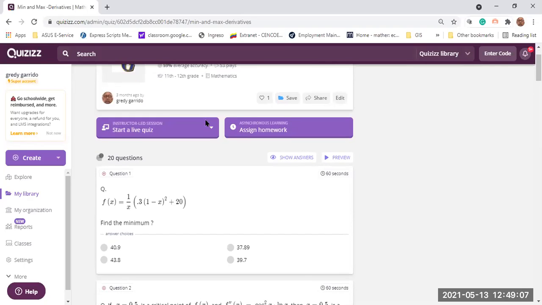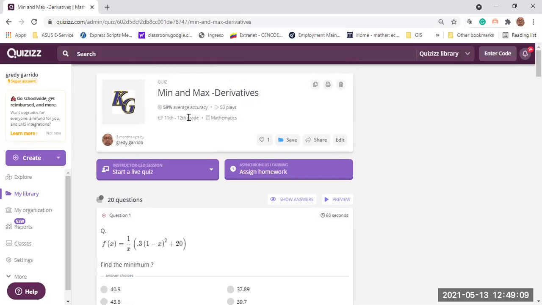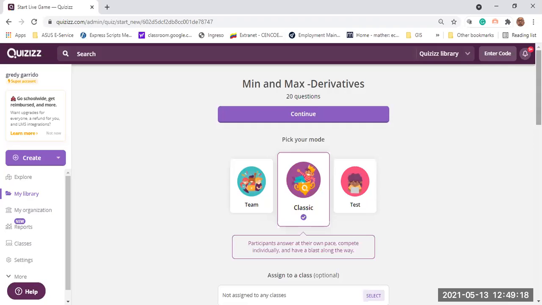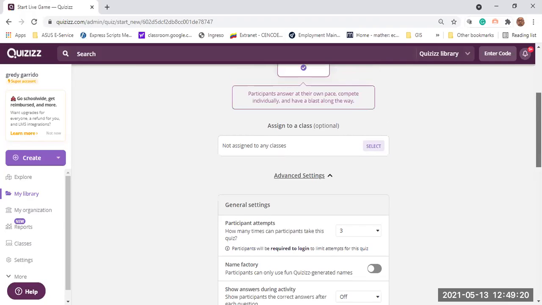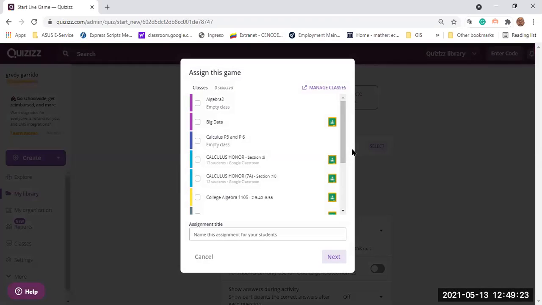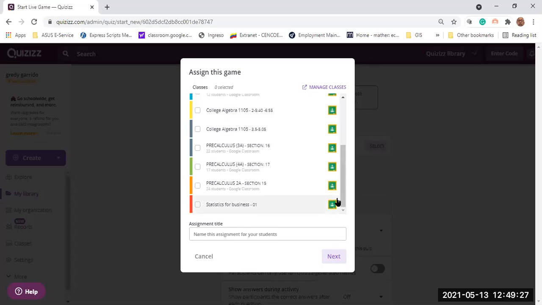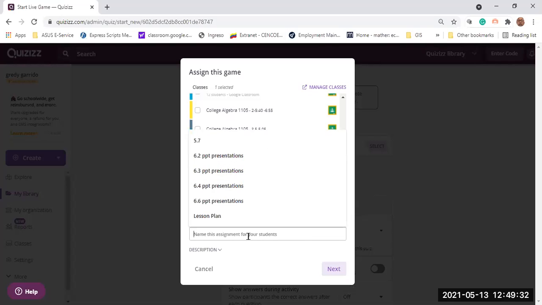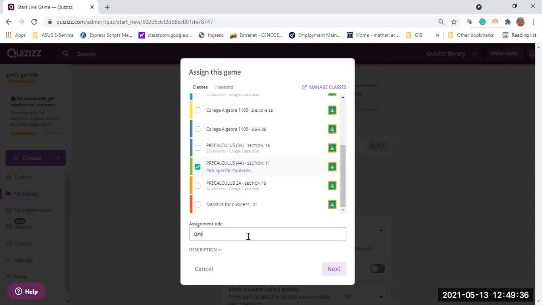Okay, 20 questions. This is the one. The assignment for today is this one here. Let me get the right precalculus function here. No, it's not.